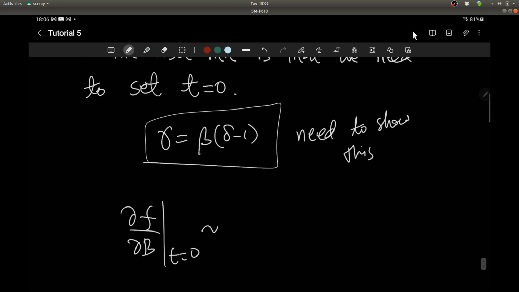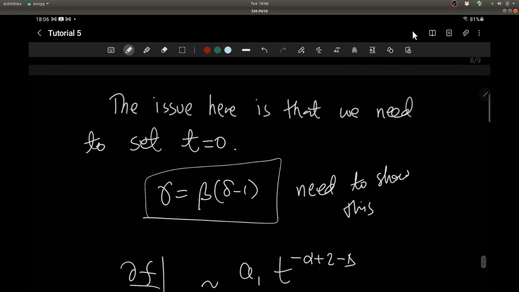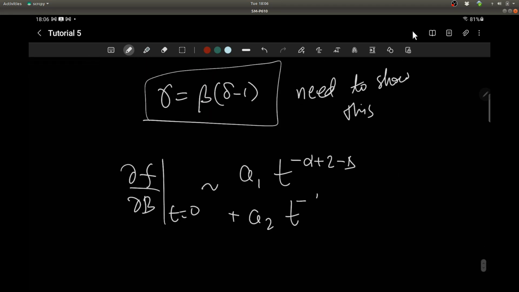The term involving a1, I'm just going to write out the leading powers: minus alpha plus 2 minus delta. I won't worry about factors. So a2 will be minus alpha plus 2 minus 2 delta.